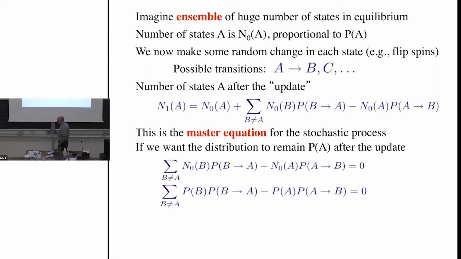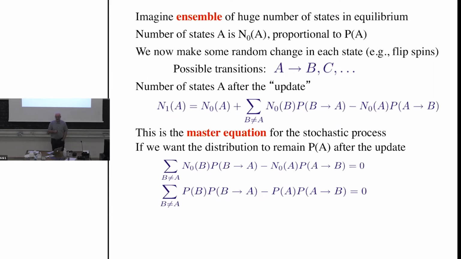But I can just replace that with something that is proportional to that, namely just the probability of being in a configuration, right? So then you have this sum of probability of something in B times the probability of transitioning into A, and the probability of A times that transitioning to that other B. So those have to vanish.